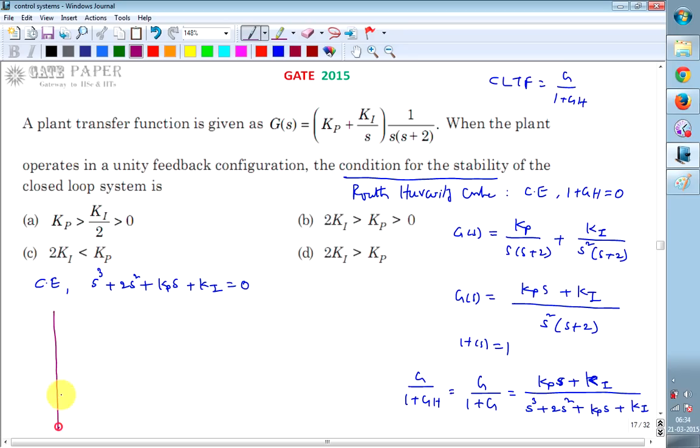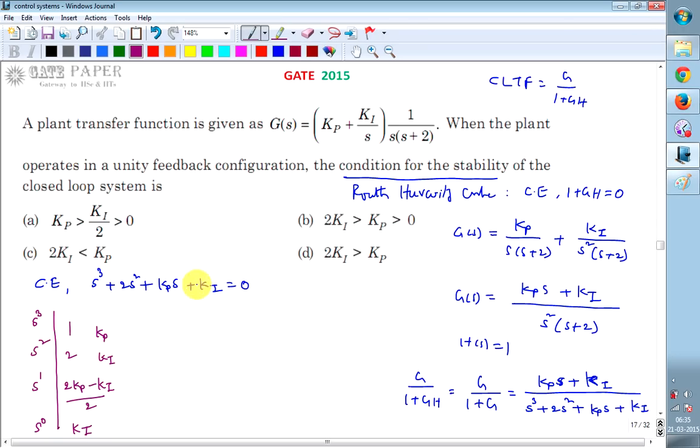In the Routh-Hurwitz criteria, we go from the maximum order, first s cube, next s square. We write the coefficients 1, 2, and next Kp, Ki. So the s power 1 row is (2Kp minus Ki) divided by 2, and the s power 0 row is simply Ki.